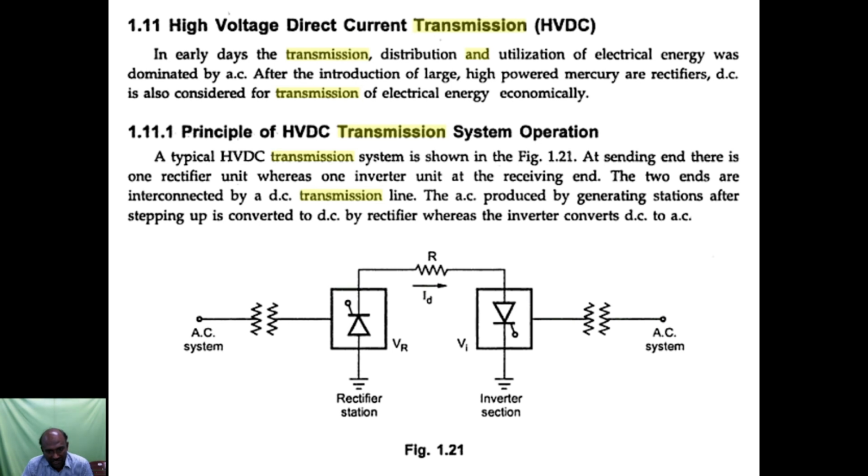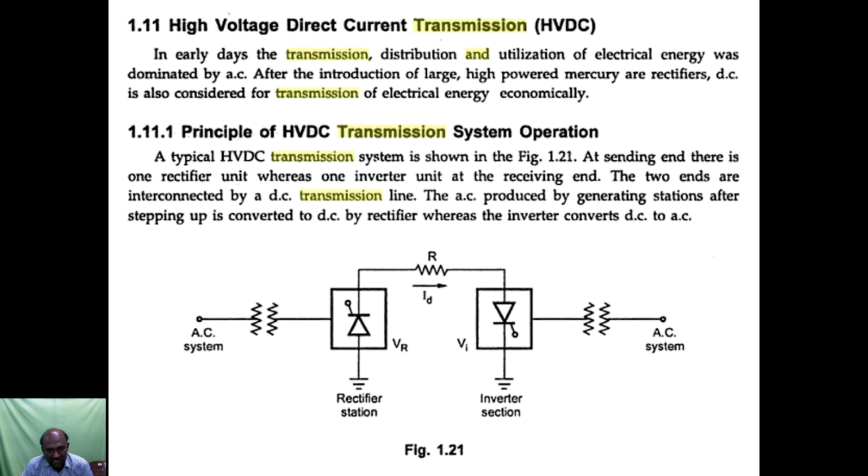And also we can make some controlling arrangements in the form of voltage or current flowing. And the other end is the inverter station. So here also we have a power electronic device, that is the inverter, which is used to convert DC into controlled AC. Because this AC is to be connected to the further AC systems.